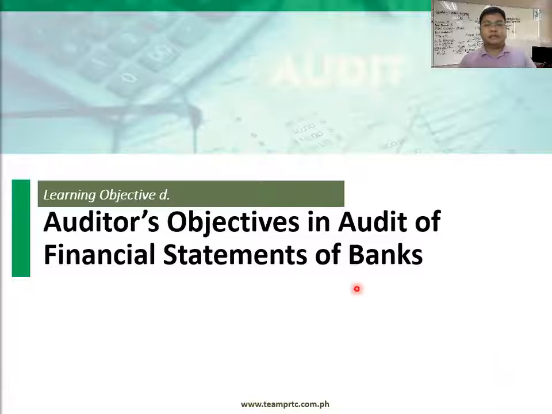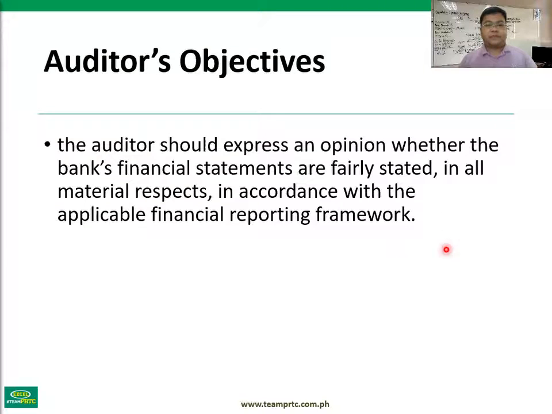Now next, let's proceed to learning objective letter D: the auditor's objectives in the audit of financial statements of banks. Remember that the objective of an auditor is to express an opinion whether the bank's financial statements are fairly stated in all material respects in accordance with the applicable financial reporting framework.